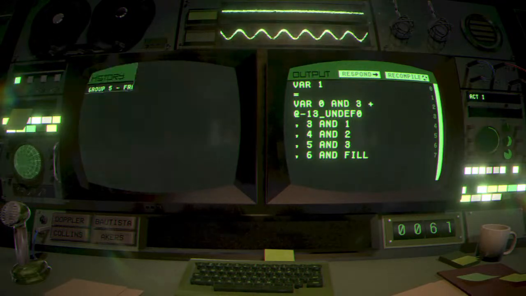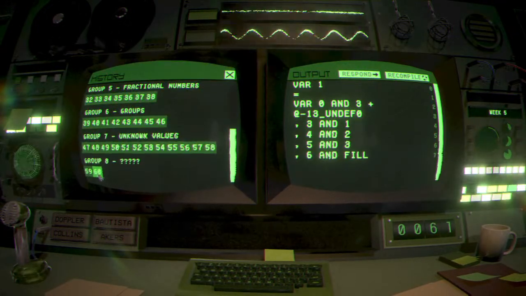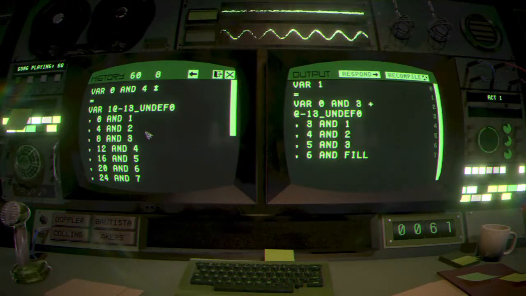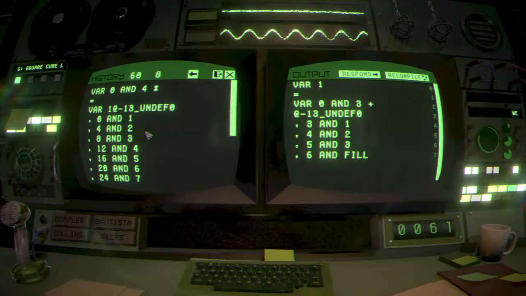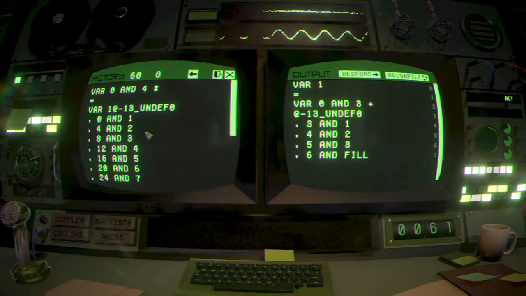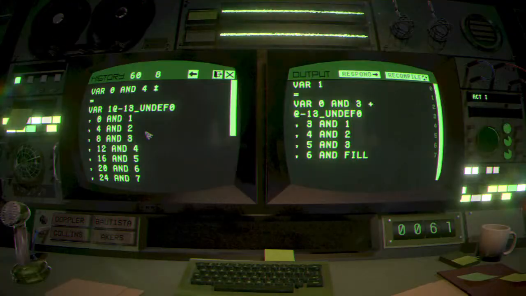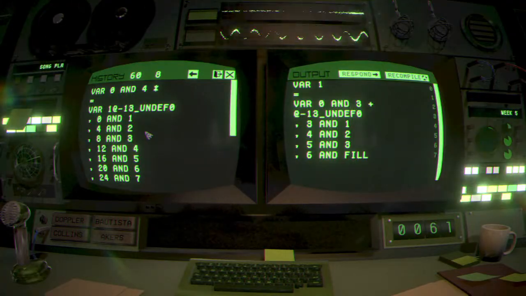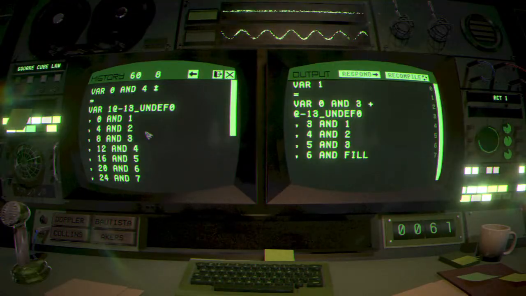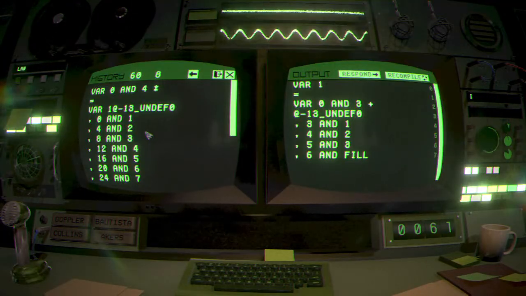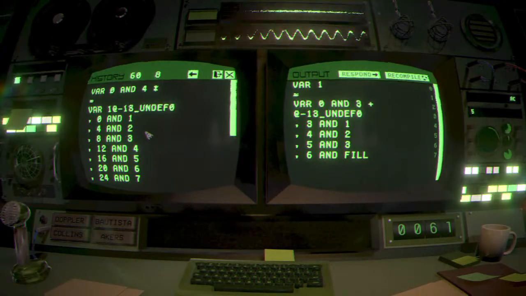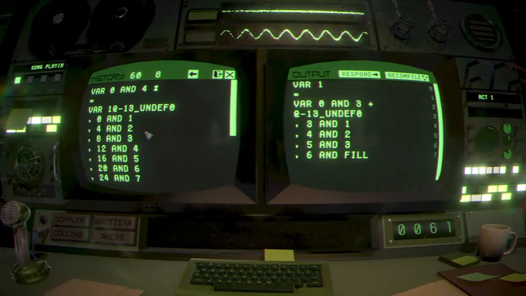Let me look at it again. So they're saying the first number multiplied by... They're saying variable 0 times 4 is equal to variable 1.